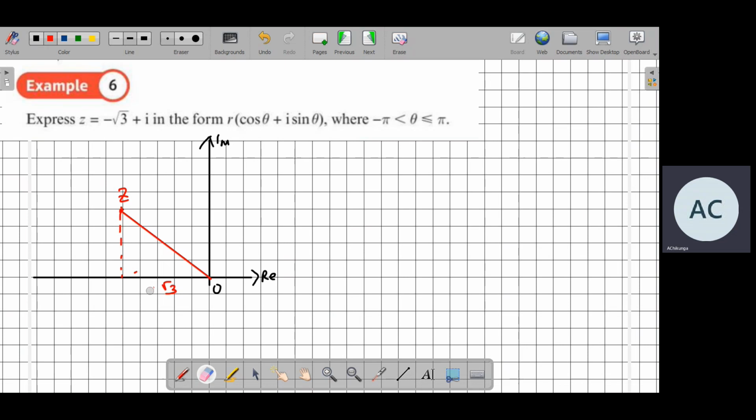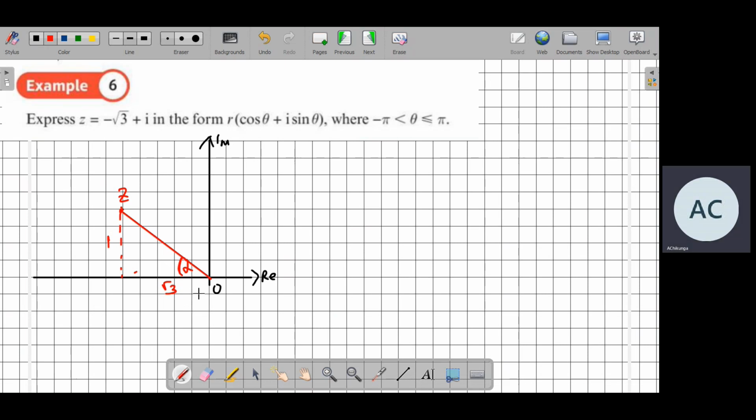I know this side is negative, isn't it? So the magnitude is just root 3. And here it's 1. Are we together? And this angle, let me call it alpha, because we want to calculate. The actual angle we want is not this one.